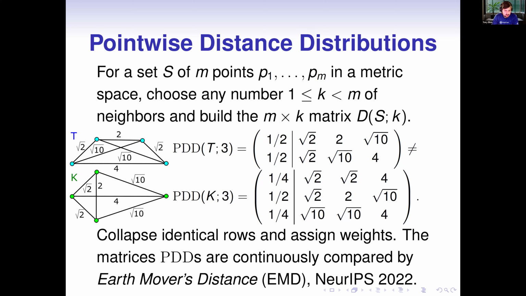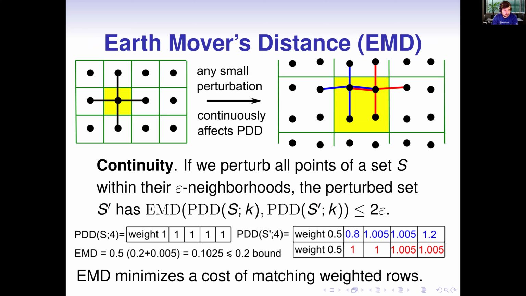And those matrices can be compared by the Earth mover's distance, where basically we want to find the distance between those 2 matrices, and how we can collapse one into another. One of the good things is that it's continuous, but obviously it's much slower to compute than just the L infinity distance between two vectors.